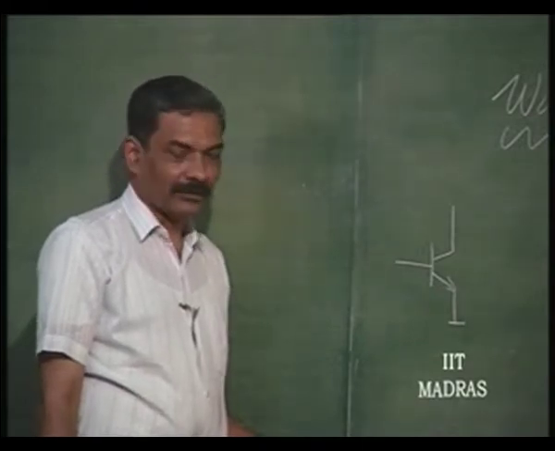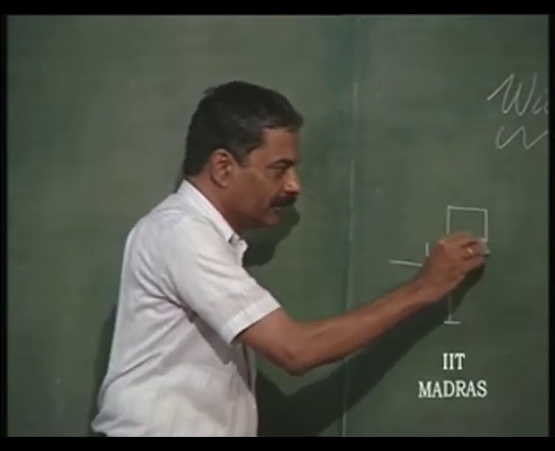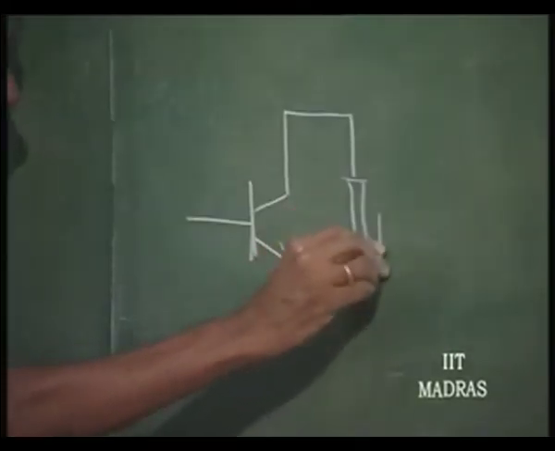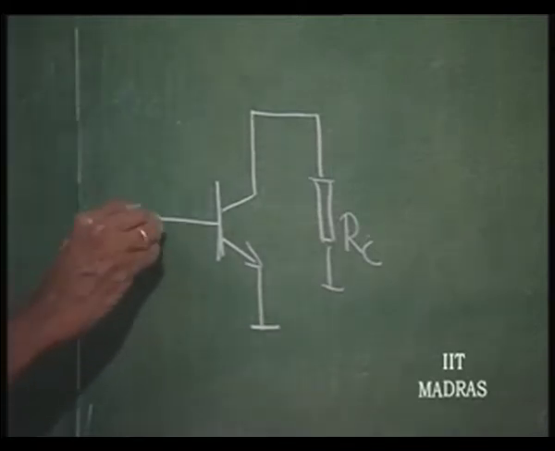So, if you have a common emitter amplifier feeding onto some load here, because of capacitors there will be an input capacitor.